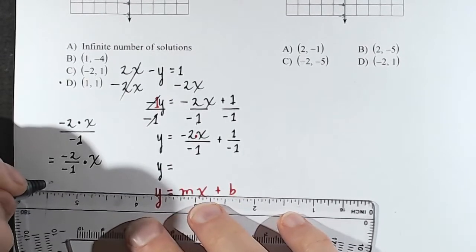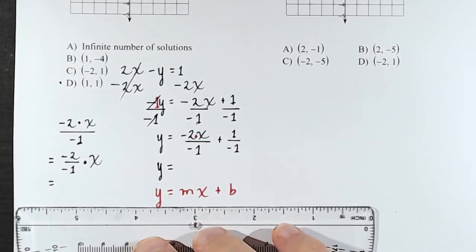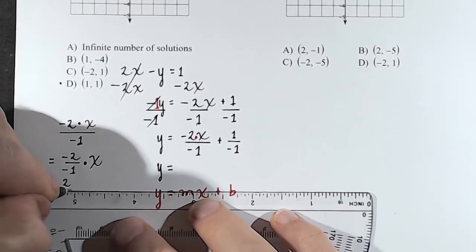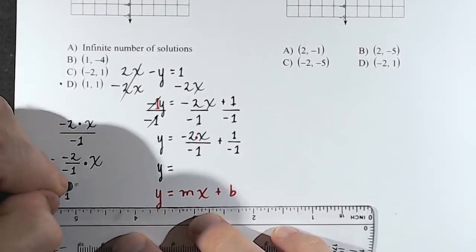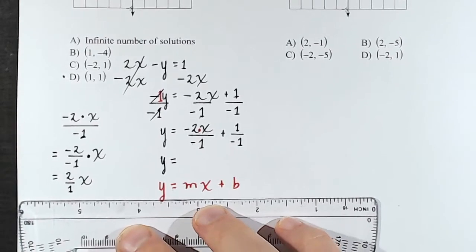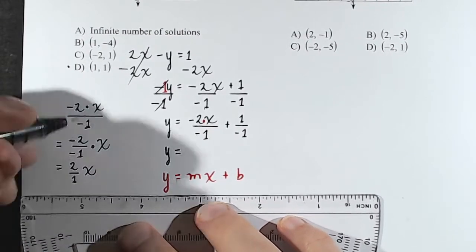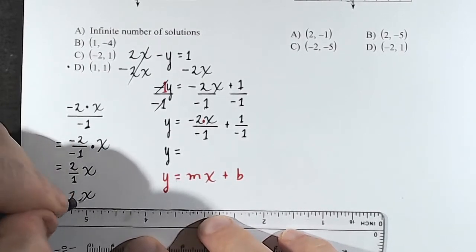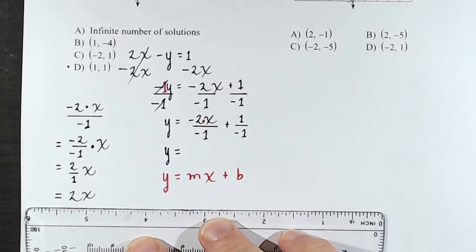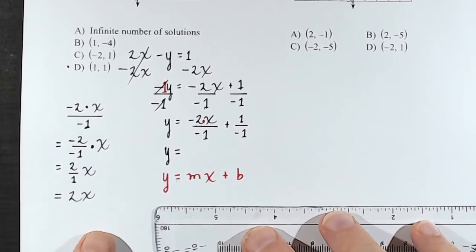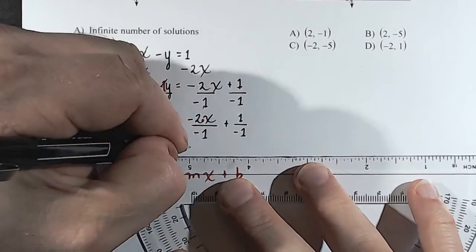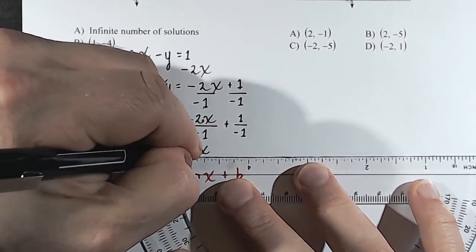And then you can simplify that fraction, -2 over -1, as 2 over 1, because the negatives cancel out. And if you wanted to, you could further simplify that fraction down to a whole number where you just write 2x. So we're going to use this final form here, y equals 2x.